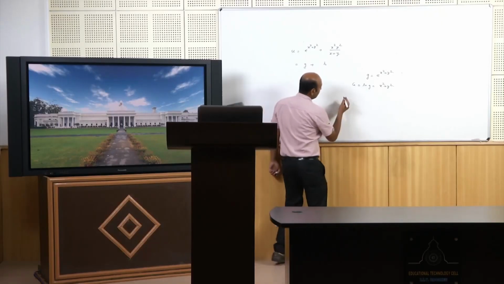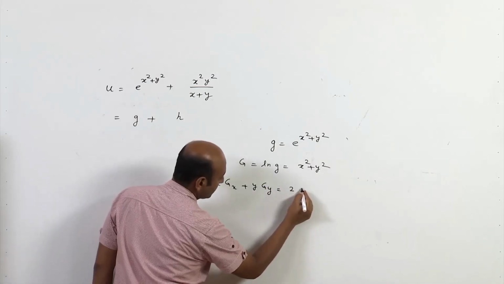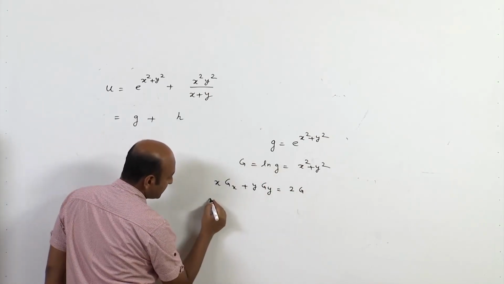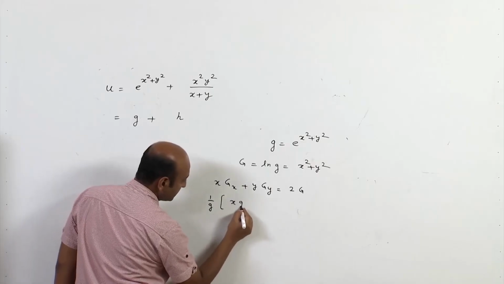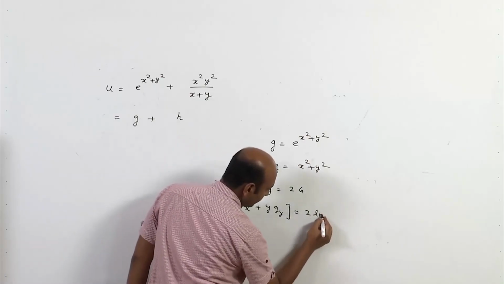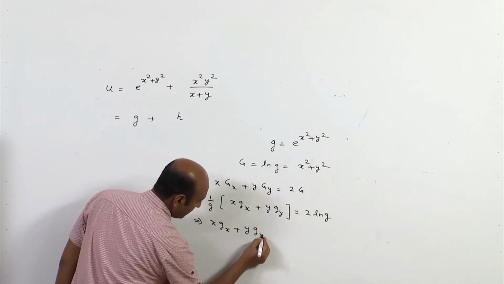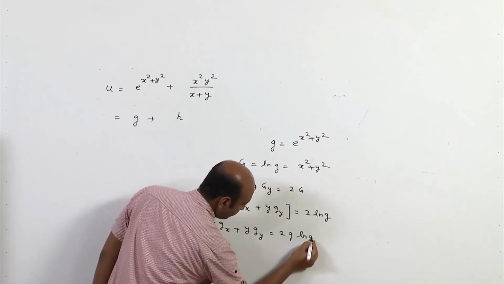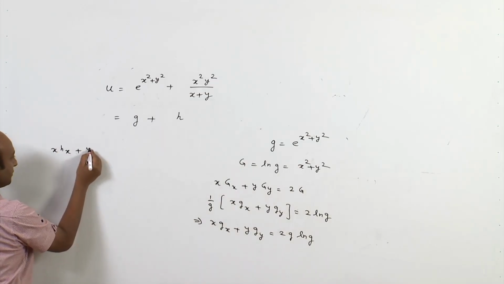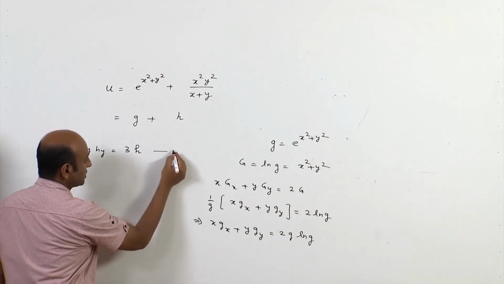So, we can say that x Gx plus y Gy will be equal to 2G. And what will be Gx from here? 1 by g times gx, so 1 by g can come out, x gx plus y gy will be equal to 2 ln g. So, this implies x gx plus y gy will be 2g ln g, and for h it is x hx plus y hy will be equal to 3h. Now, you add the two equations.